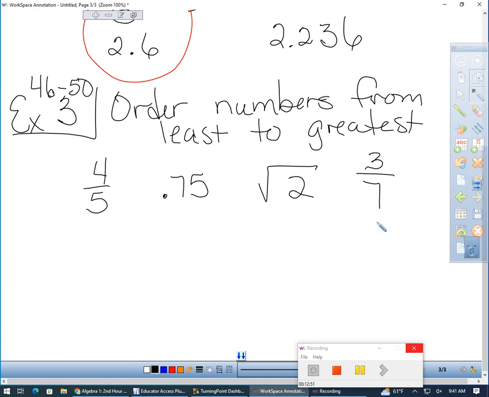So right underneath all of them, I'm going to change each one into a decimal. So 4 over 5, 0.8. This one's already a decimal, so I'm just going to write that down. The next one I get 1.414. And the last one, 3 divided by 7 in my calculator, gives me 0.428.